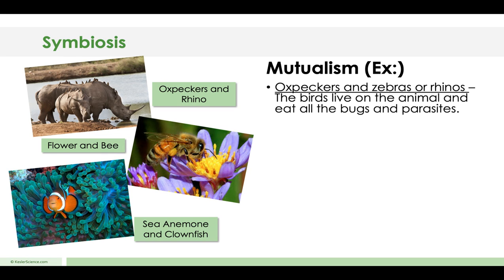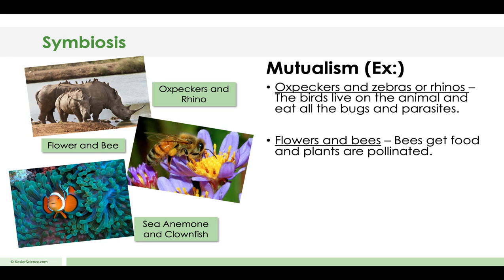What happens is the oxpeckers eat all the little bugs off of the rhino's back, and then they get food, and they get protection because nobody's going to mess with them when they're on the back of that big rhino. But the rhino also benefits because the parasites are all eaten off of the rhino and they stay healthy.